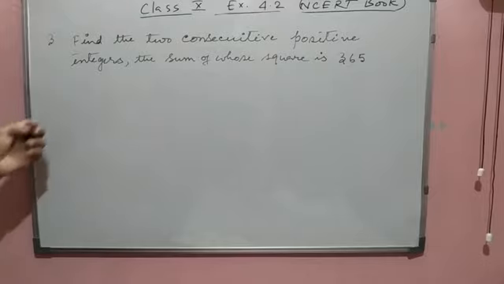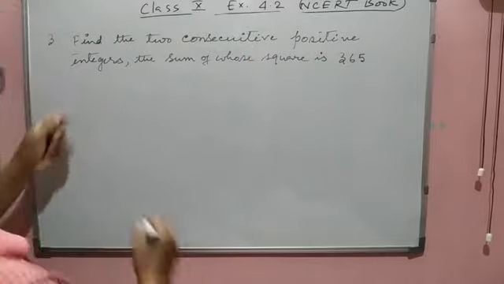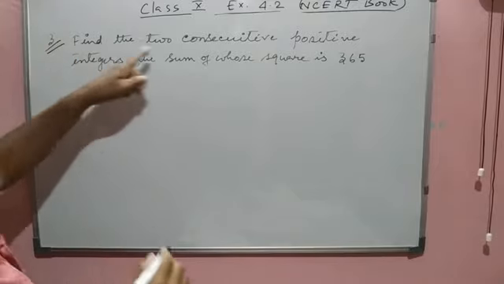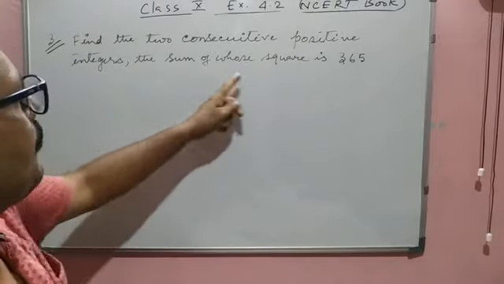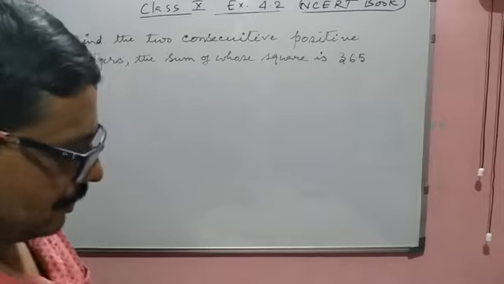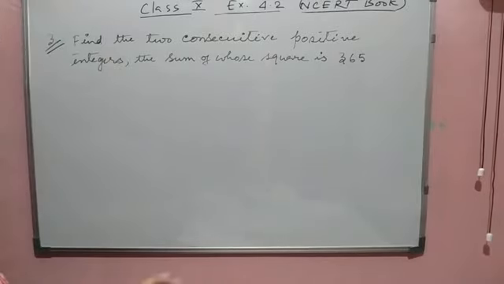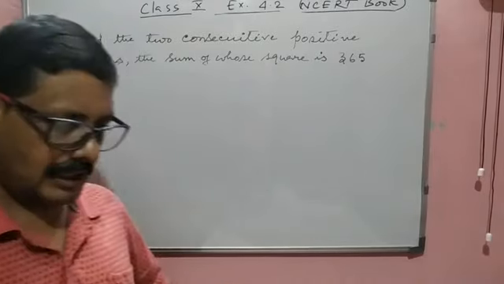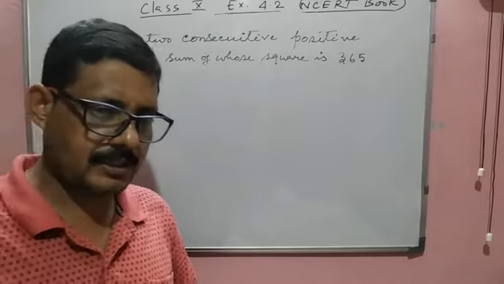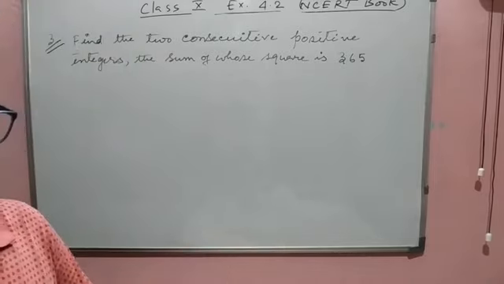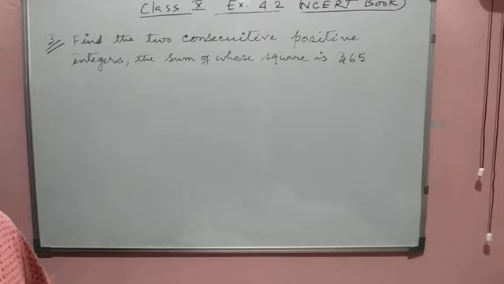Question number 3. Find the two consecutive positive integers, the sum of whose squares is 365. I already explained that consecutive positive integers always increase by 1.